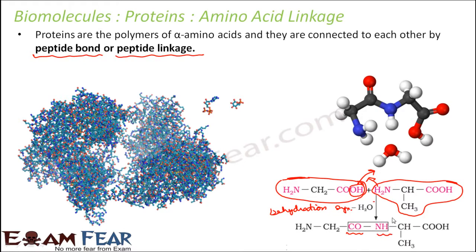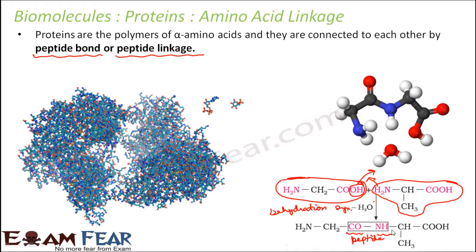So a bond will be formed between C and NH, and this bond is known as a peptide bond. The bond between CO and NH is called a peptide bond, and this entire structure which is formed is a protein. A protein is formed by the process of dehydration synthesis where water is pulled out to form a bond, and the bond which is formed is called a peptide bond or a peptide linkage.